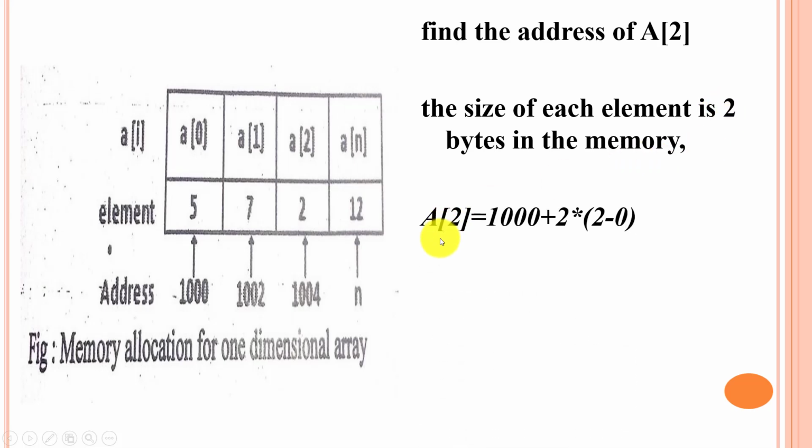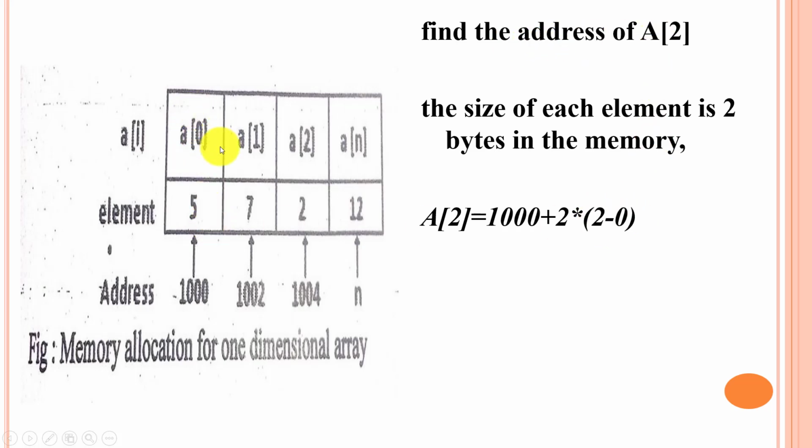Now let's understand A of 2. Here the index is 2. The address is 1000, the base address, plus W, the weight, that is each element occupies 2 bytes in the memory, multiplied by the index, that is the position in the array, which is 2 minus 0.